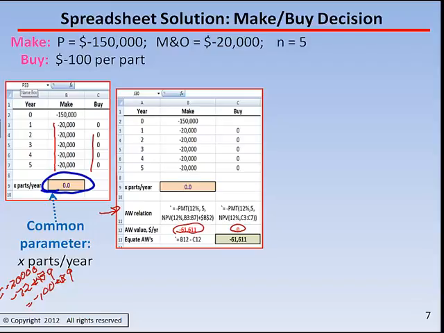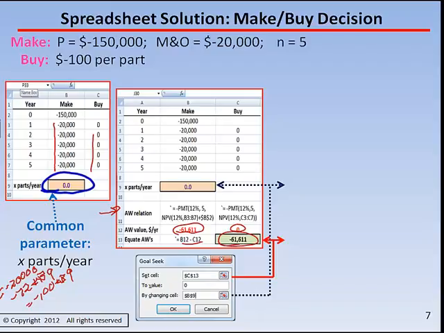The subtraction relation is shown in cell B13, and the number is displayed in cell C13, which we will also use several times in the solution. As indicated here, when X equals 0 units, the difference is minus 61,611. We need to obtain a difference of 0 to solve for the break-even value between the make and buy alternatives.